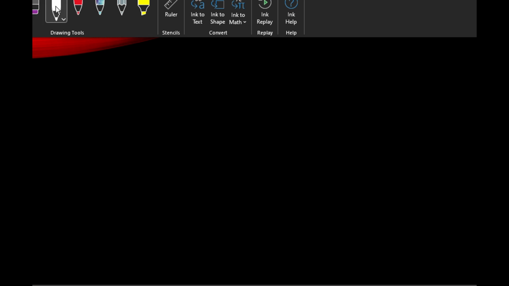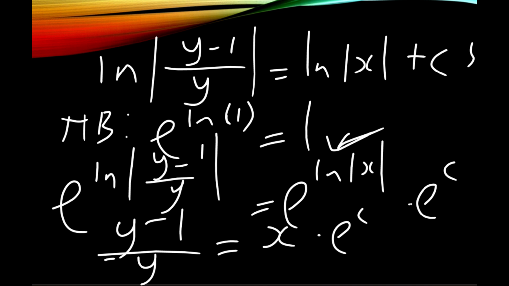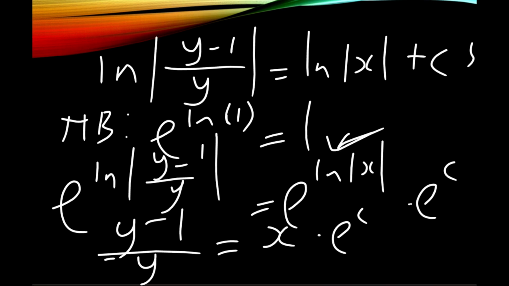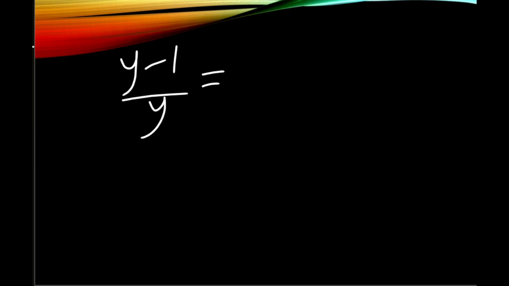Okay, let me select this, then let's go back to refer to the previous where we ended. So this is what we have. With this in mind, let's rewrite this: x multiplied by e to the power c.